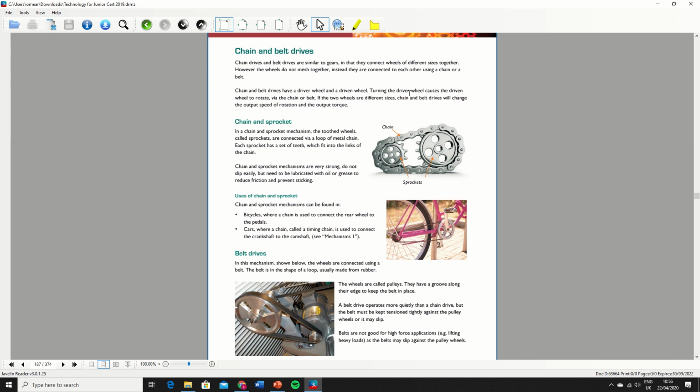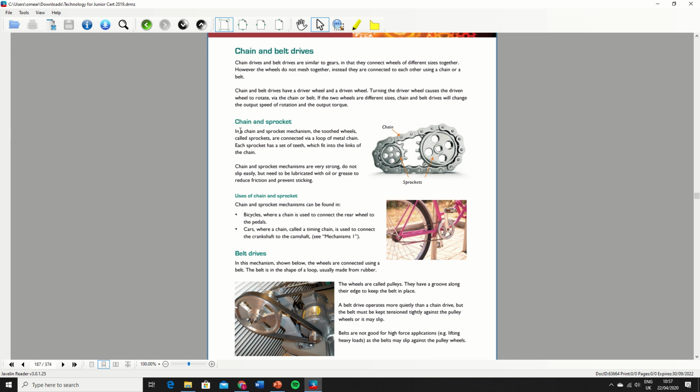Turning the driver wheel causes the driven wheel to rotate, except the only difference is it happens through a chain. You can see here we have our driven and our driver. Once one turns, the other one turns, except they're not connected together, they're connected using a chain. If the two wheels are different sizes, chain and belt drives will change the output speed of rotation and output torque. We'll look at that later on.